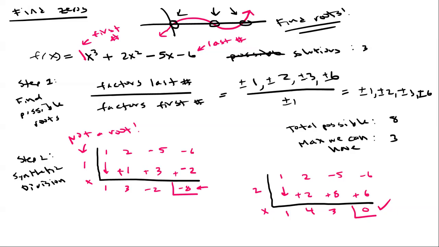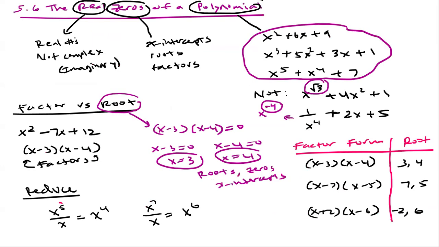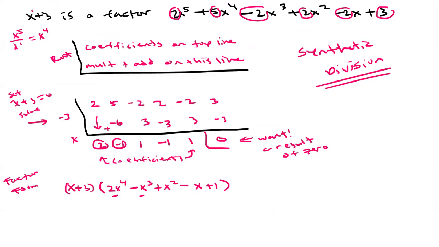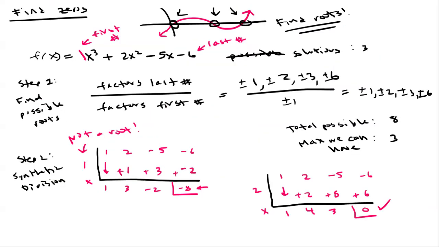So remember what I mentioned, if we have that leading power and we divide it by 1x, it reduces the power by 1, from x to the fifth to x to the fourth. Just like how we did it over here. In this case, this was x to the third, and we divided by a factor of x minus 2, then it reduces to x squared.